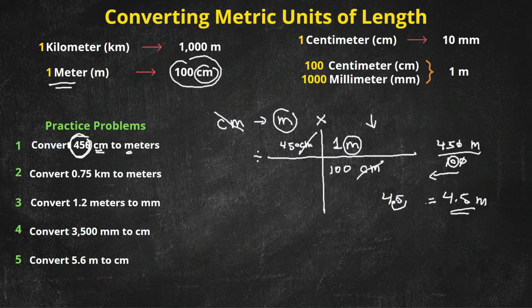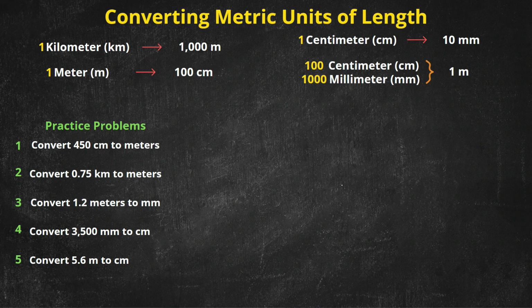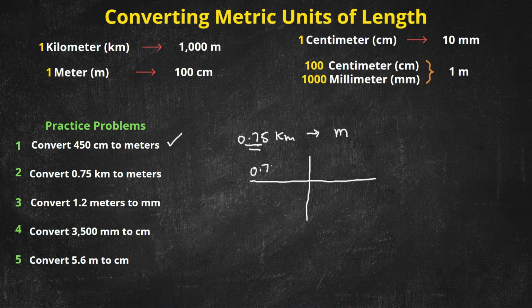Let's look at the next problem. You are converting 0.75 kilometers to meters. Now, don't worry yet. So, you were given, remember, here we put what we were given, which is 0.75 kilometers. And over here, that's the unit we want.